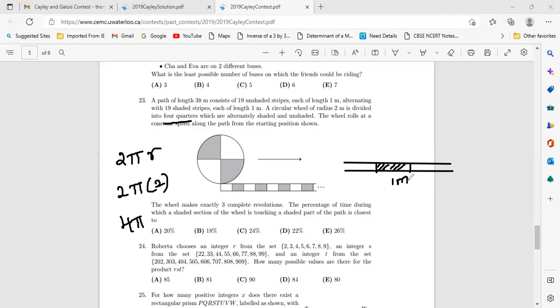So this is 1 meter, and the circle is not proper, please ignore it. 4 quarters, right?